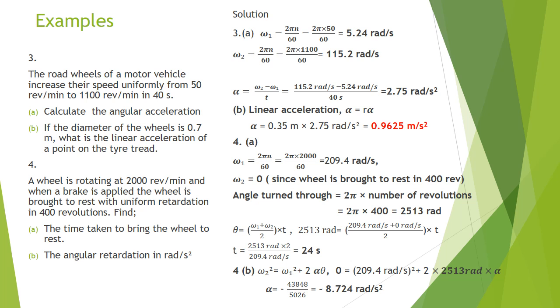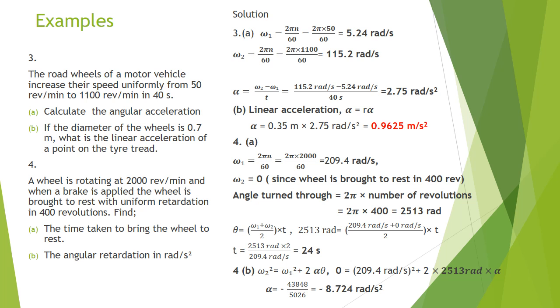B, the angular retardation in rad per second squared. Again, we have been given the angular velocities in RPM, which is rev per minute. So we have to change that to rad per second.